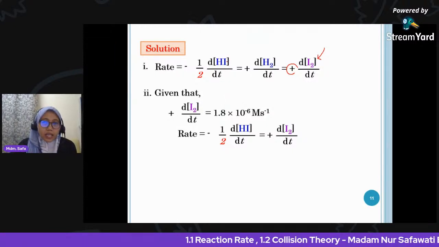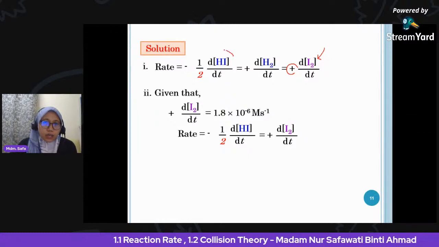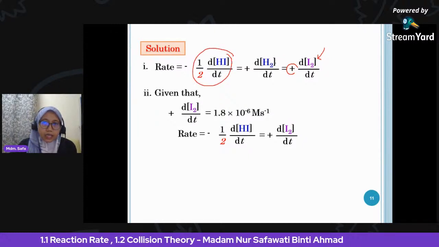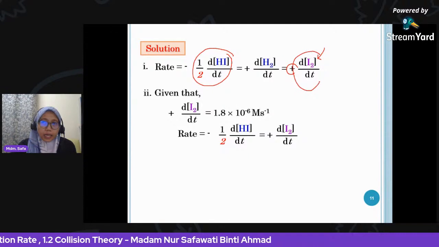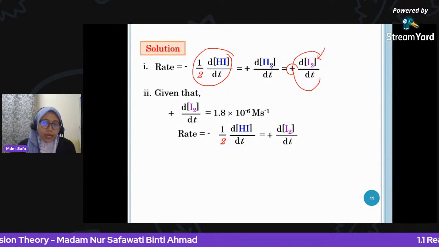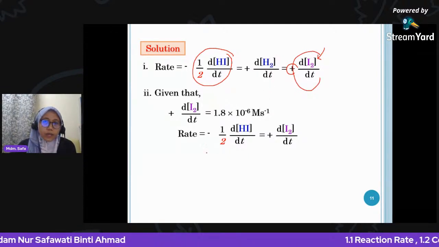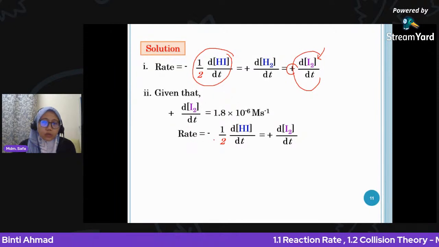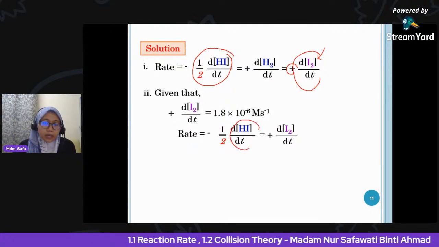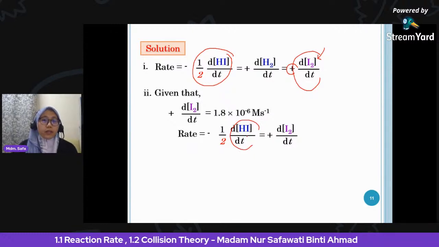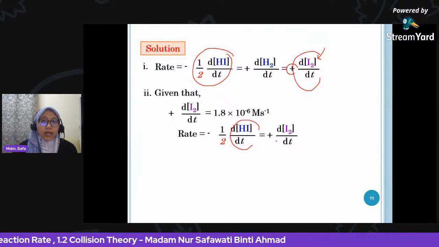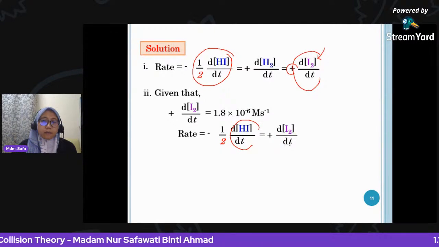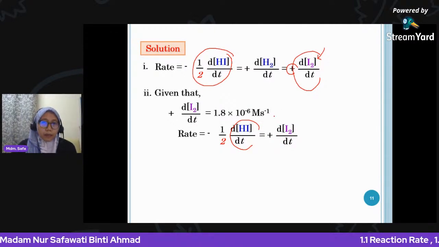Maksudnya sekarang diminta HI kan, so we just relate HI dengan I2 yang dia bagi adalah I2. So tak payah melibatkan hydrogen gas lah. So kita just tulis macam ni, rate is equal to negative 1 over 2 d[HI] over dt sebab ini soalan yang diminta, the rate for the disappearance of HI, and relate with the I2 sebab I2 yang dibagi maklumat.